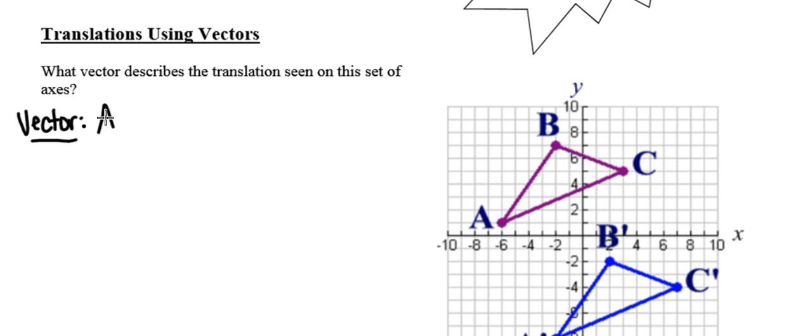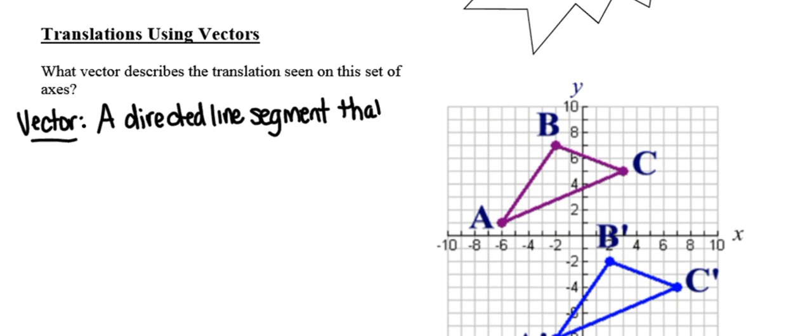Simply put, a vector is an example of a directed line segment that has both length and direction.